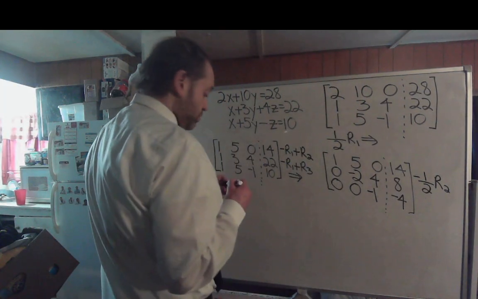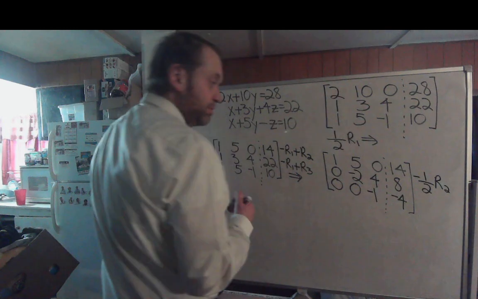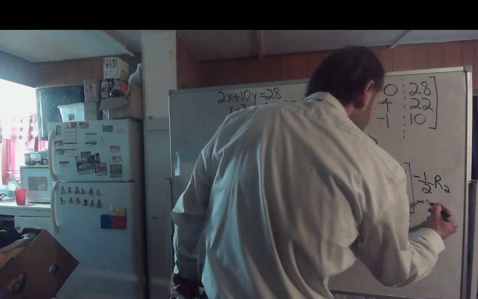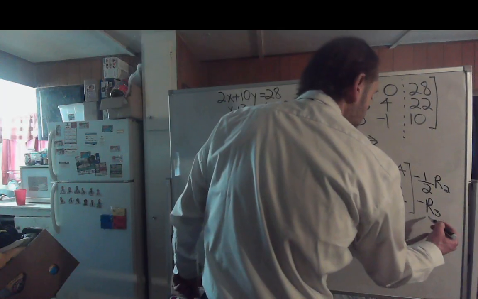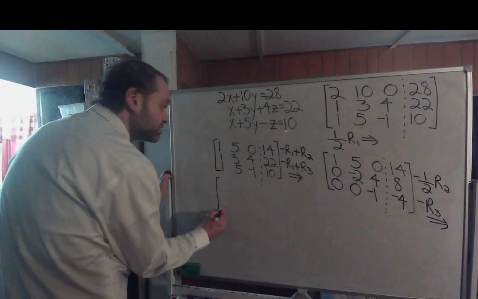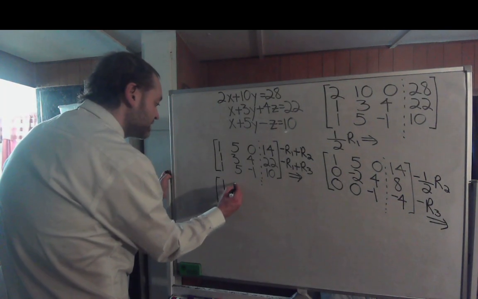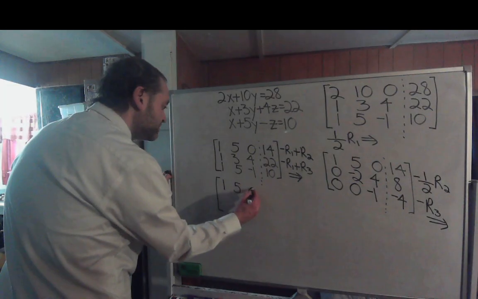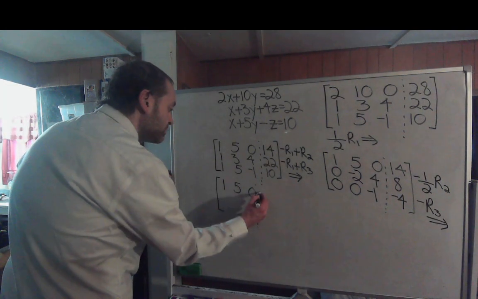And then in order to make the leading digit in row 3 a positive 1, you just negate row 3. And then just perform those operations and you'll get a new matrix. So row 1 gets left alone. 1, 5, 0, 14.